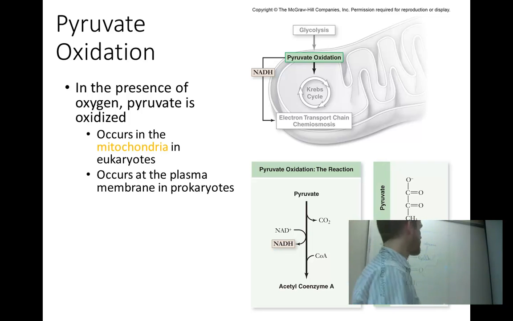This occurs in the mitochondria. So glycolysis is that, and then pyruvate oxidation. I'm just going to put PO.